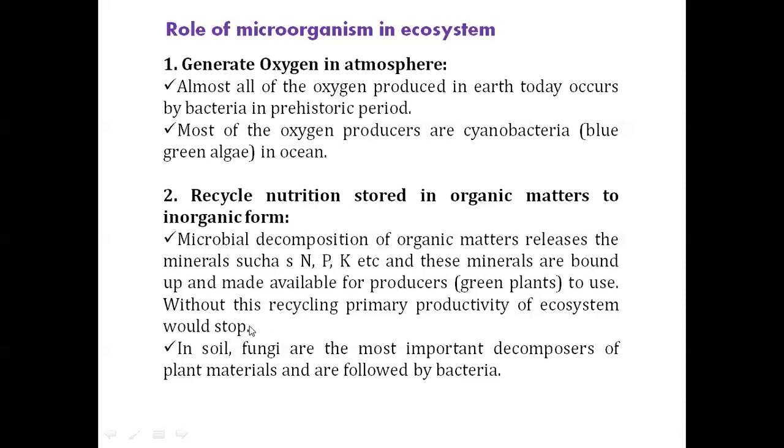This is very important because through microbial decomposition, NPK is released from the organic matter into the soil, and plants absorb these macro elements through water and produce the glucose molecule via photosynthesis. If it stopped, the ecosystem would stop.